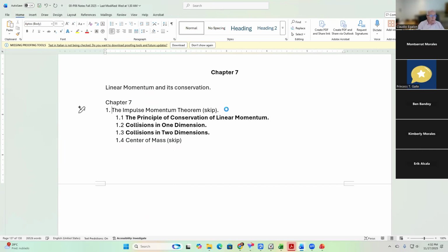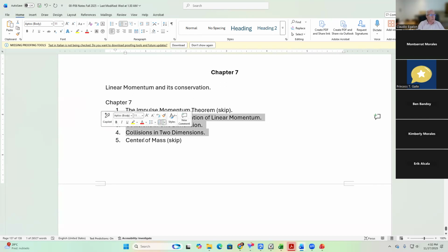We are going to skip the first section. I usually don't cover the impulse momentum theorem, but I cover the rest. With the exception of center of mass, if we have time, we'll cover it, but everything else, okay? We'll cover the principle of conservation of linear momentum, collision in 1 dimension, collision in 2 dimensions, okay?